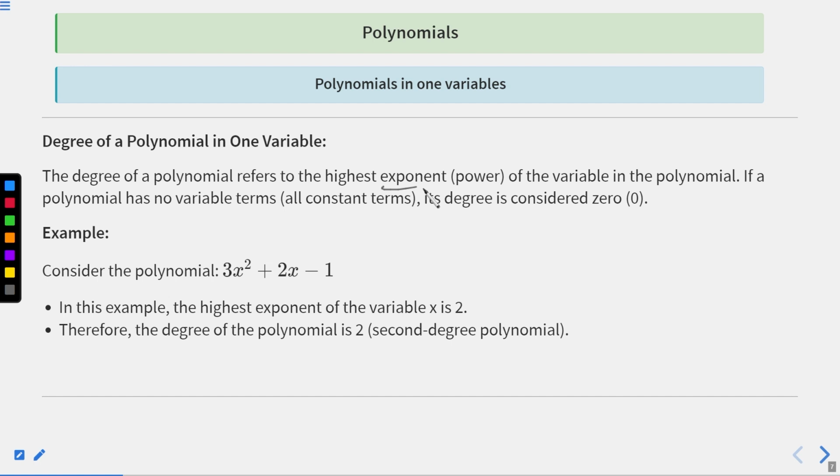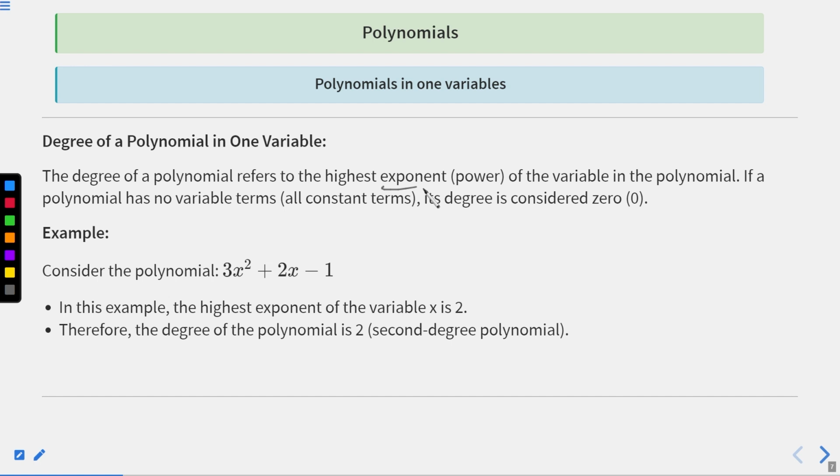If we have a polynomial p of x equal to an x to the power n plus a(n-1) x to the power n minus 1 plus and so on plus a2 x square plus a1 x plus a naught, here a naught, a1, a2 up to an are constants, and they are actually the coefficients of the variable terms x to the power n, x to the power n minus 1, and so on, up to x naught. The degree of the polynomial basically refers to the highest exponent or power.